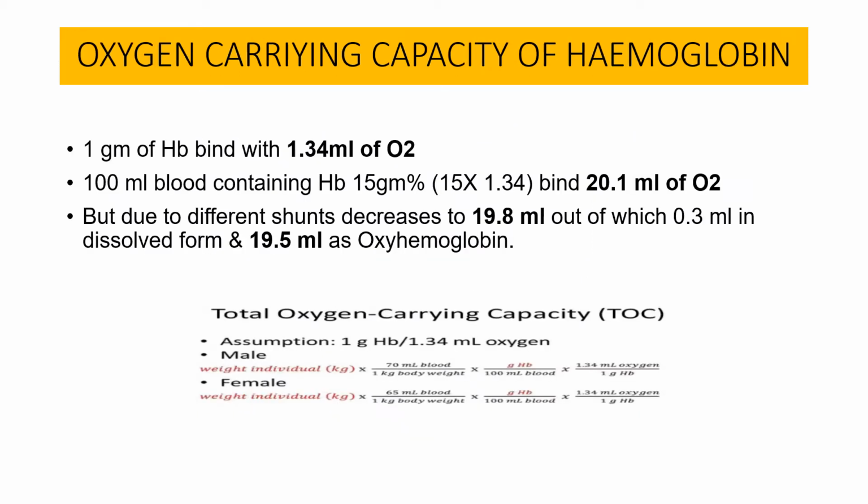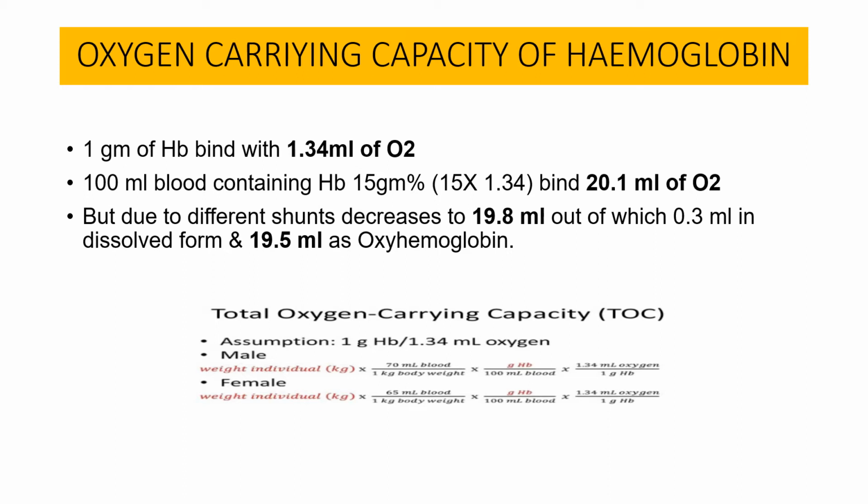One gram of hemoglobin binds with about 1.34 ml of oxygen. 100 ml of blood containing hemoglobin about 15 gram percent will bind to about 20.1 ml of oxygen.